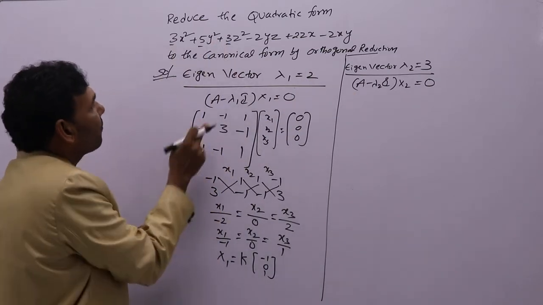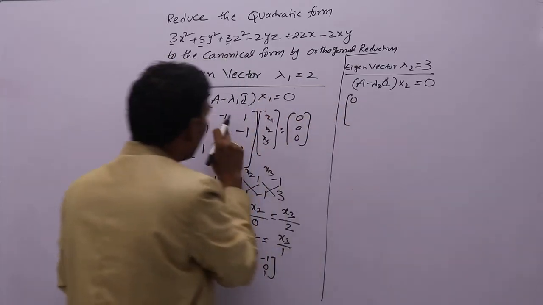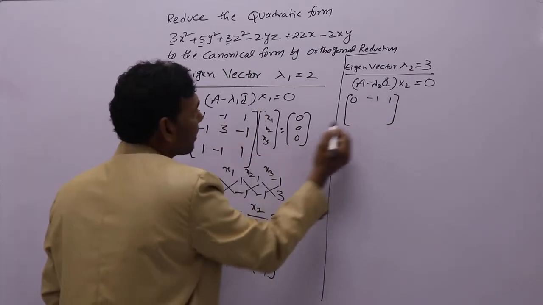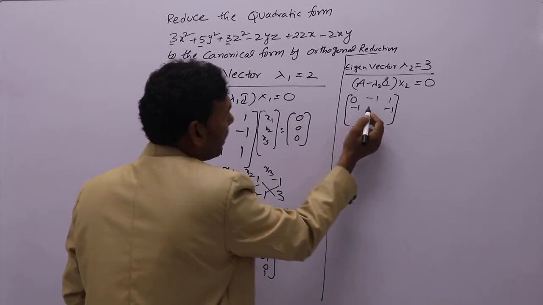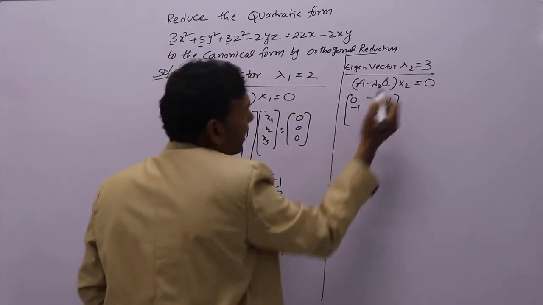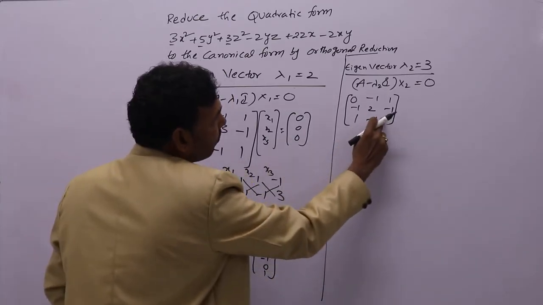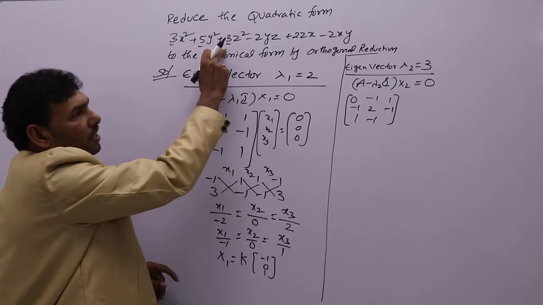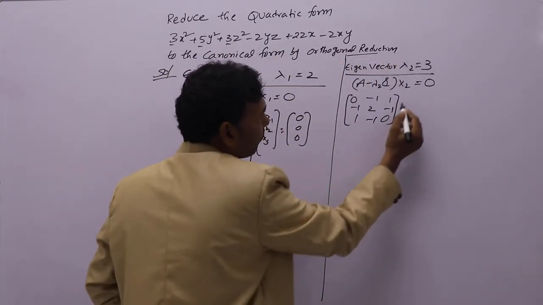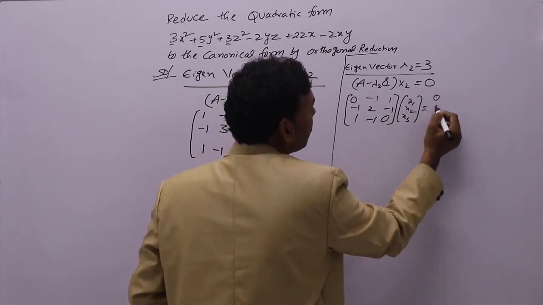If you subtract 3 from the diagonal, 3 minus 3, 0. Remaining elements are the same: -1, 1. Here, -1, -1. Here, 5 minus 3, 2. Here also, 1, -1, same. Here, the z square coefficient, 3. From 3, subtract 3: 3 minus 3, 0. x1, x2, x3 equal to 0, 0, 0.